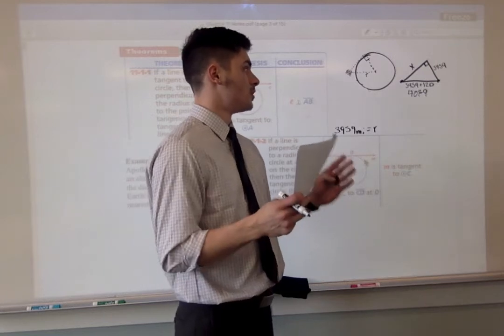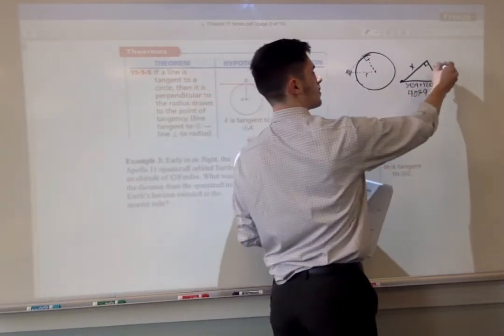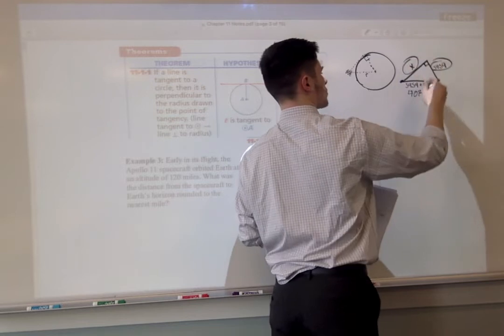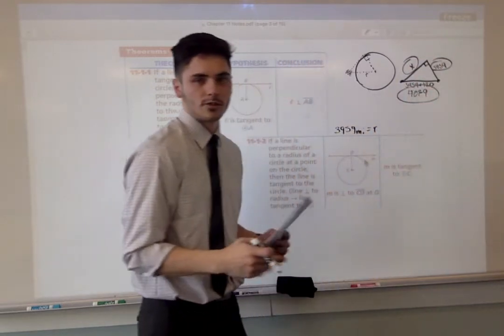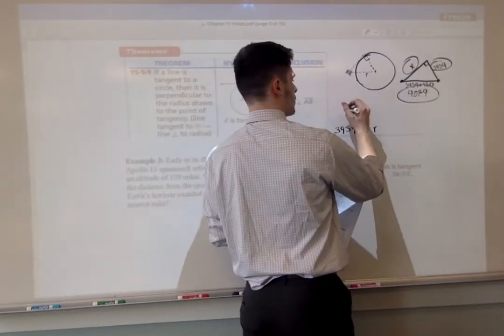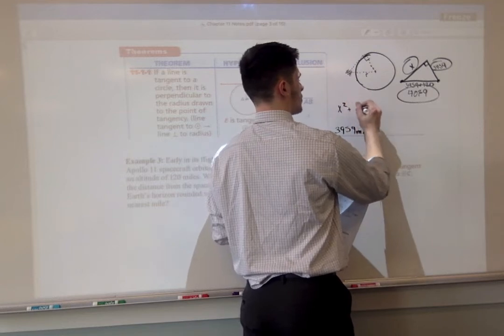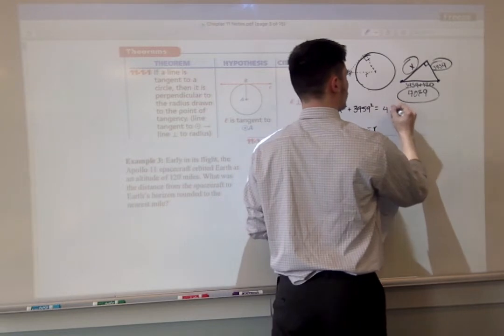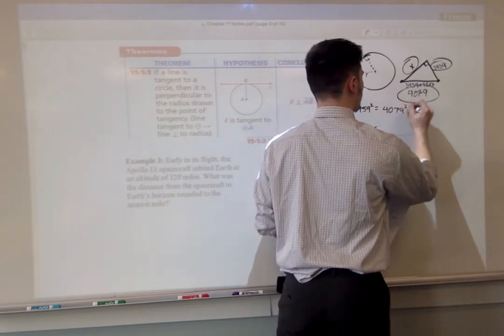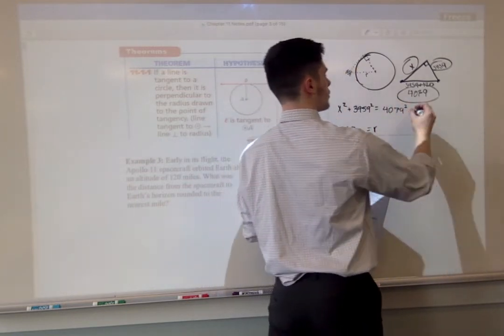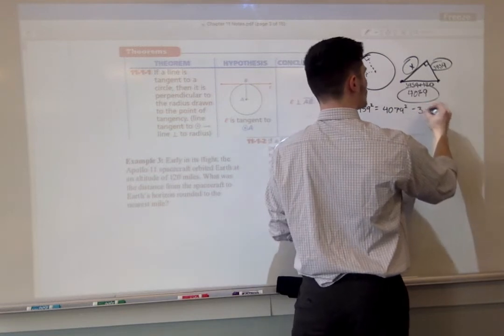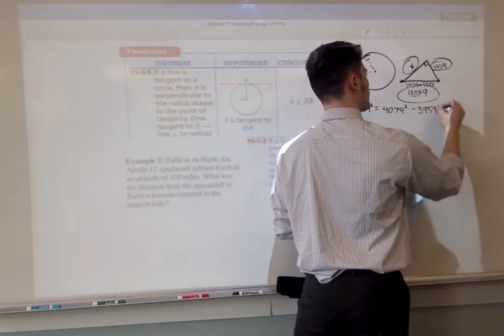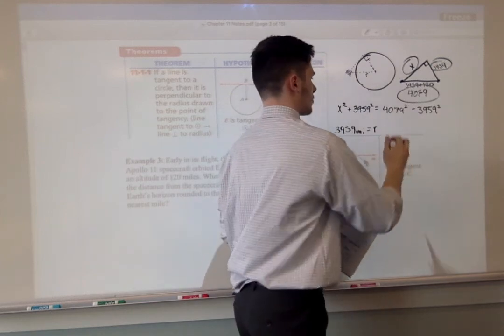Okay, so now what we can do is say that this number squared plus this number squared equals 4079 squared. So we've got x squared plus 3959 squared equals 4079 squared. So really we have 4079 squared minus 3959 squared is equal to x squared.